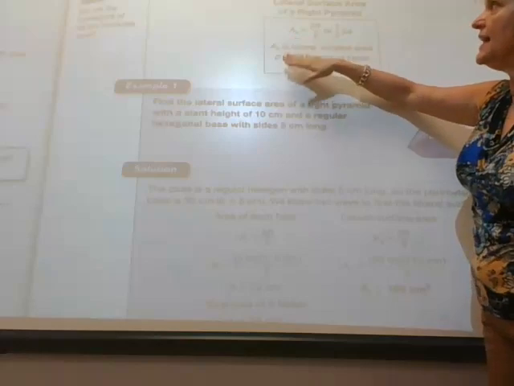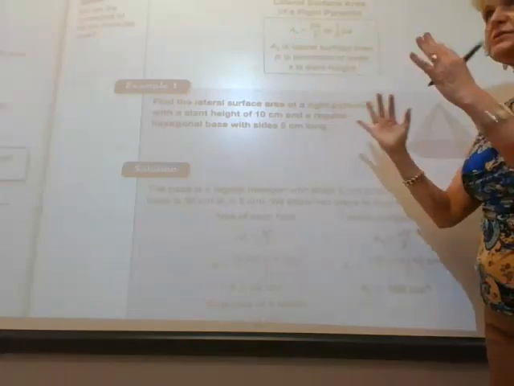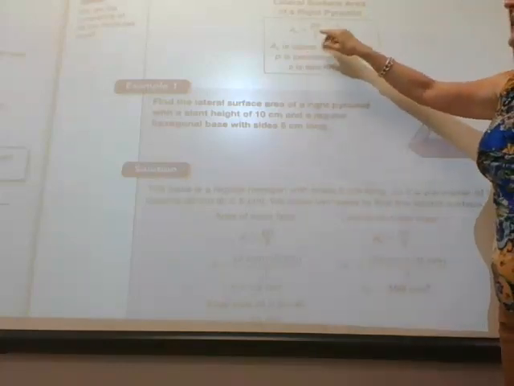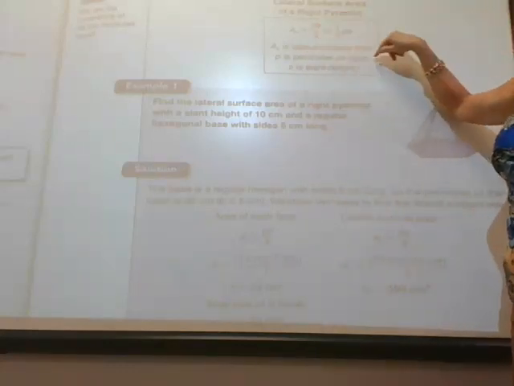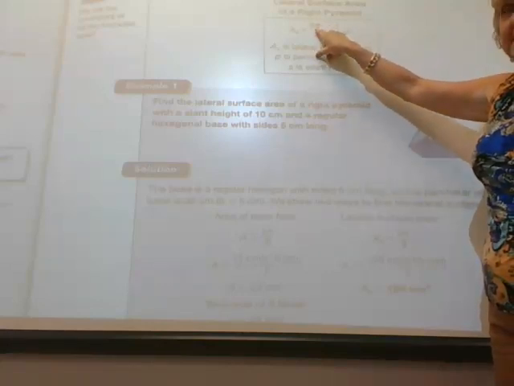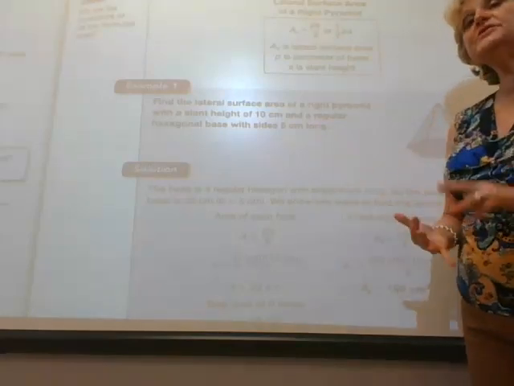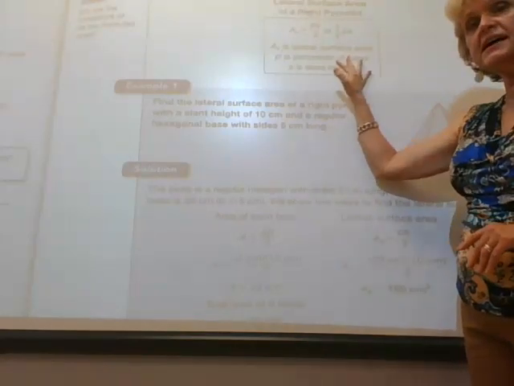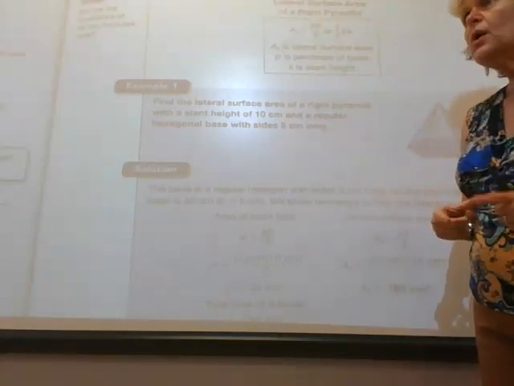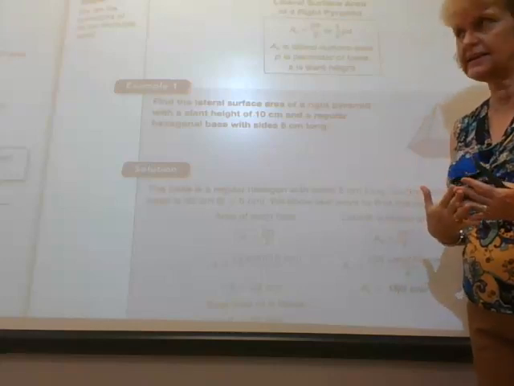And it's saying that the lateral surface area, remember lateral is going to be your walls, is the perimeter of the base times the slant height over 2. That's going to be your walls. If they want the total surface area, you'll get this, and then you'll add the area of the base, which will either be given to you or it'll simply be a square or rectangle that you find quite easily.